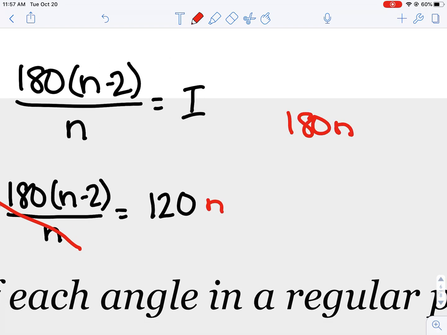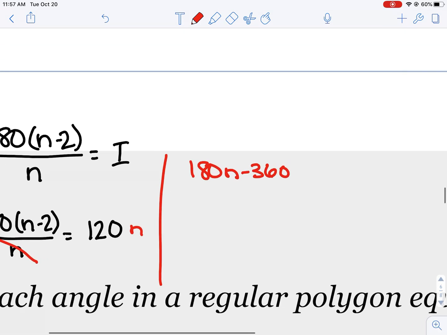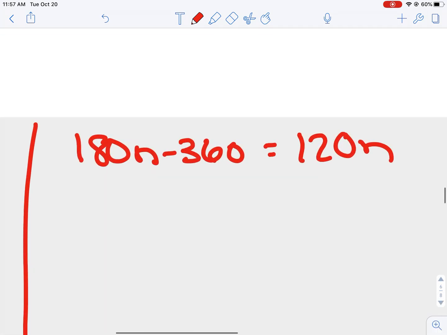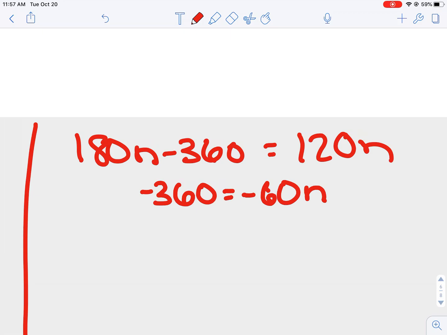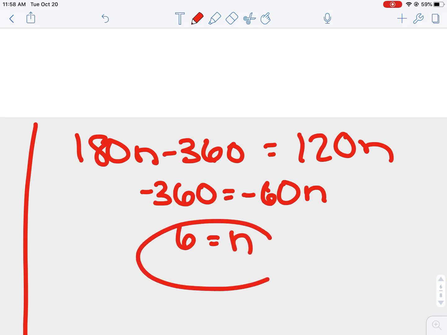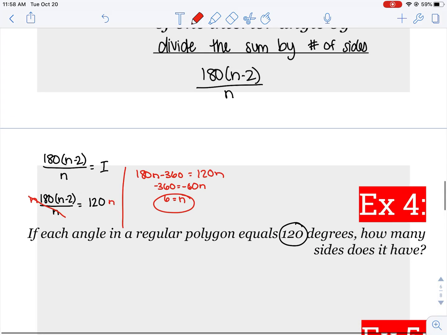So my next line looks like 180n minus 360 equals 120n. Subtract 180n from each side and really watch those negatives. That's a 60. And when I divide negative 360 by negative 60, I get n is 6.